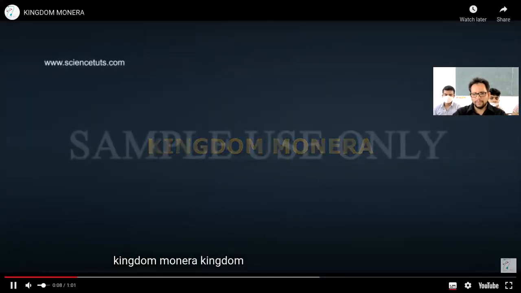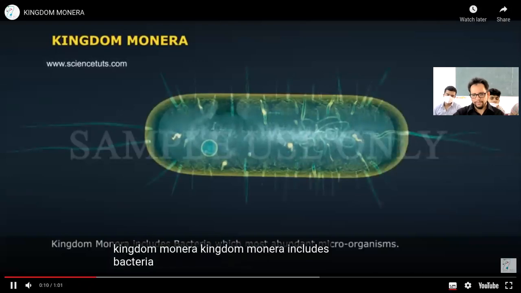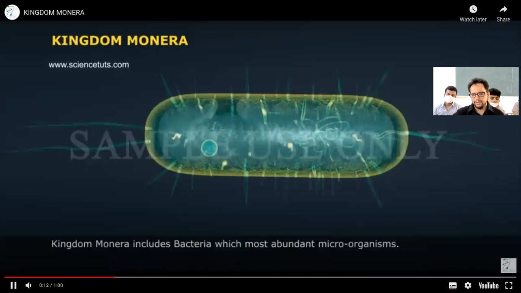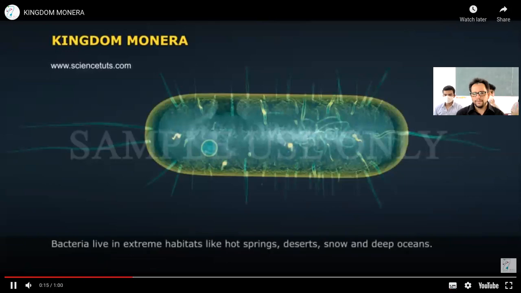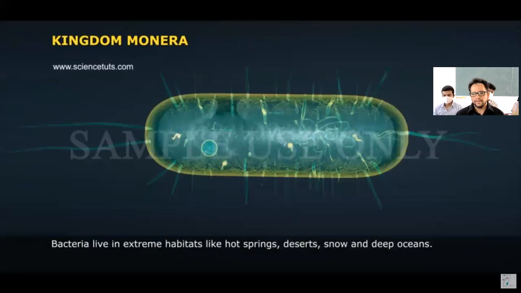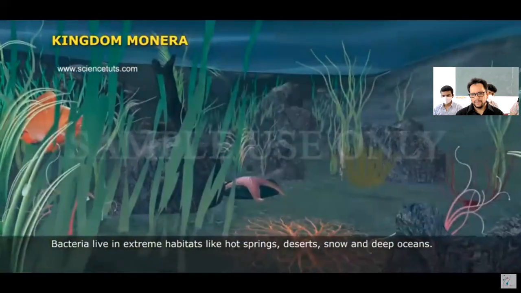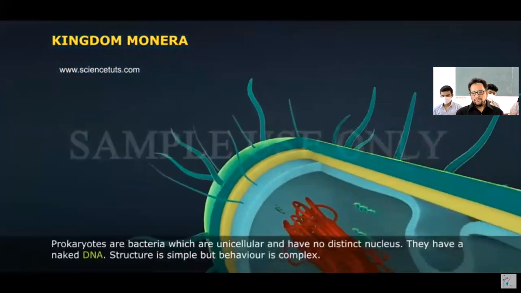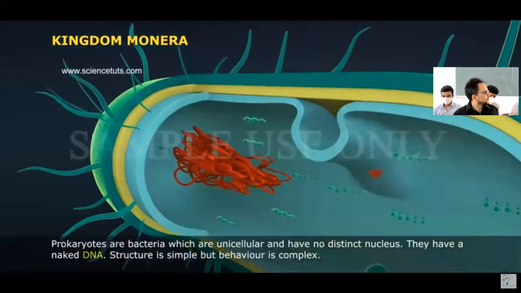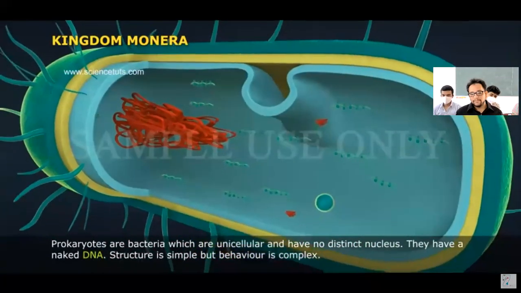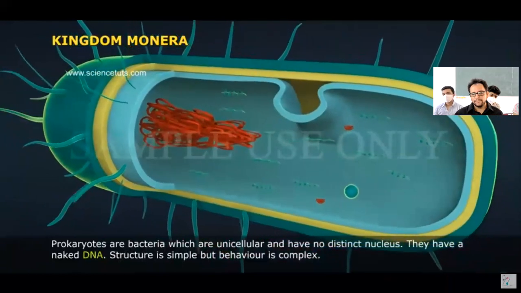Kingdom Monera includes bacteria, which are the most abundant microorganisms. Bacteria live in extreme habitats like hot springs, deserts, snow, and deep oceans. Prokaryotes are bacteria which are unicellular and have no distinct nucleus. They have a naked DNA.